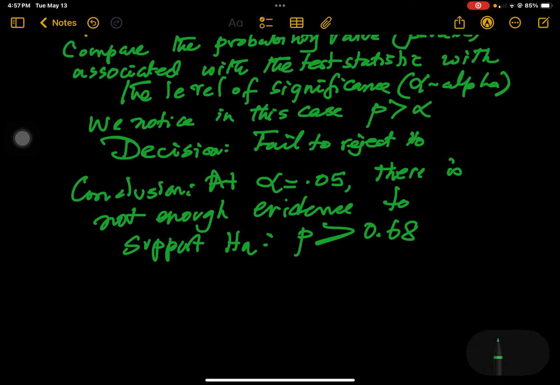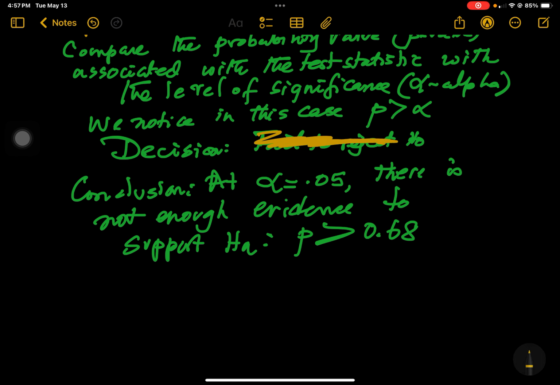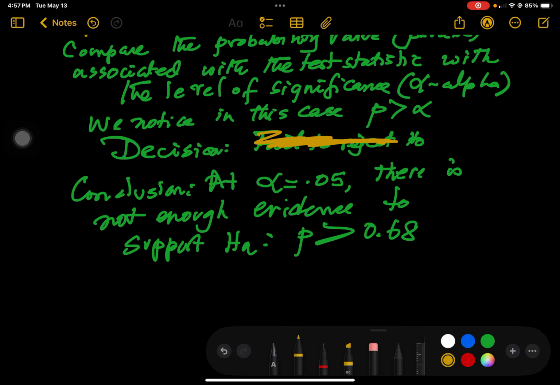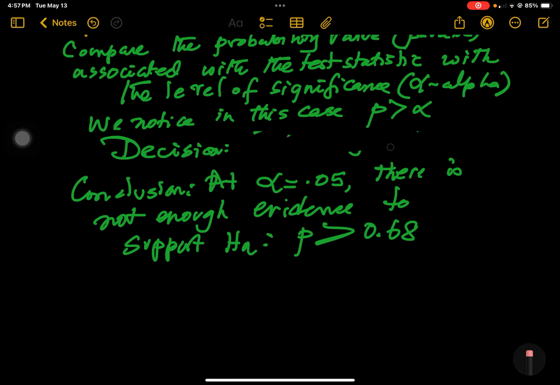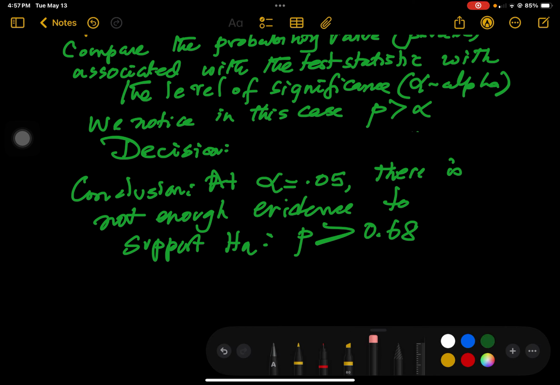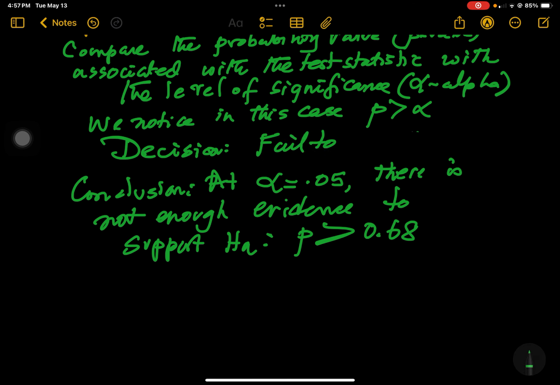So let me highlight my decision. Fail to, oops, I don't want that. So I will erase it and write it again. Fail to reject H0, which states that p equal to 0.68.